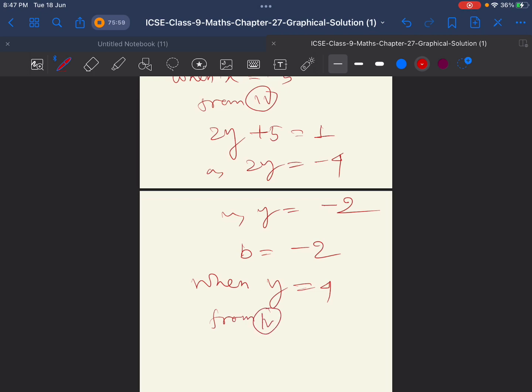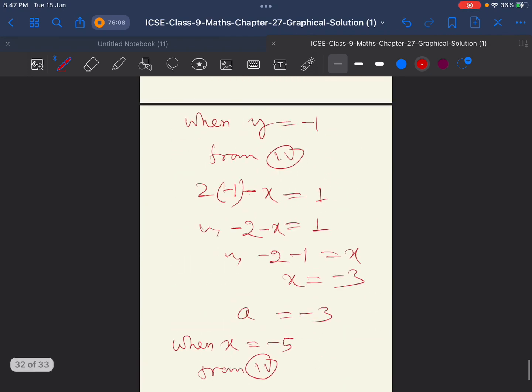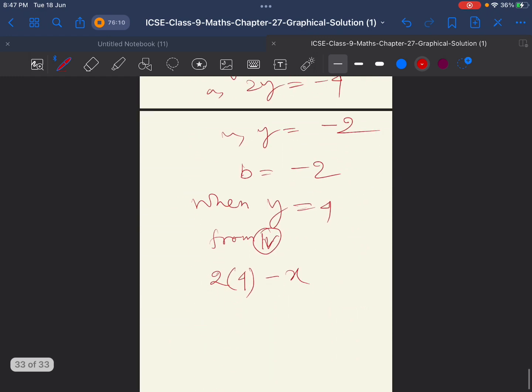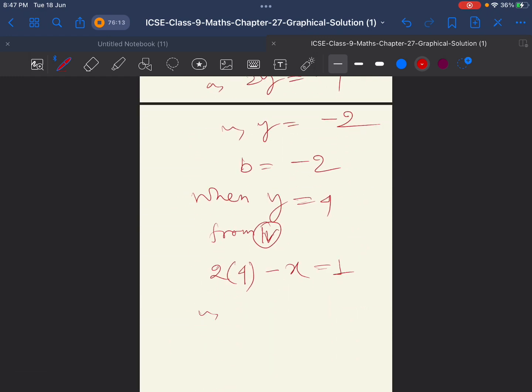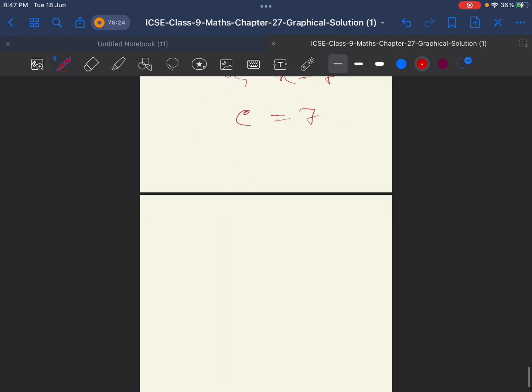So the value of b is minus 2. When y equals 4, then from equation 4 we get 2 into 4 minus x equals 1, so 8 minus 1 equals x. So x equals 7. So the value of c is 7 when y equals 4.